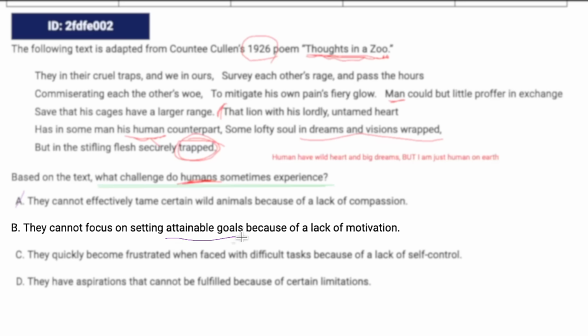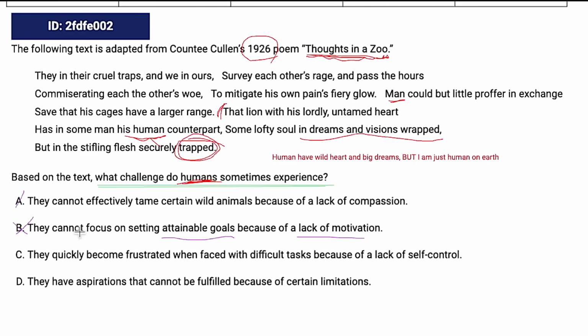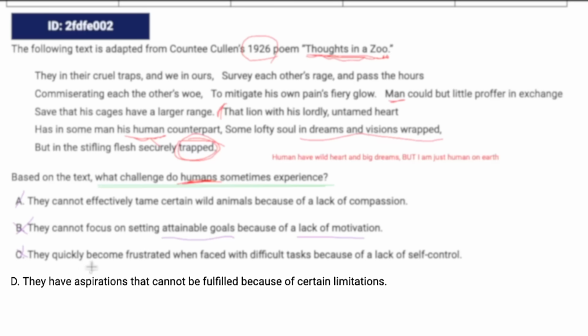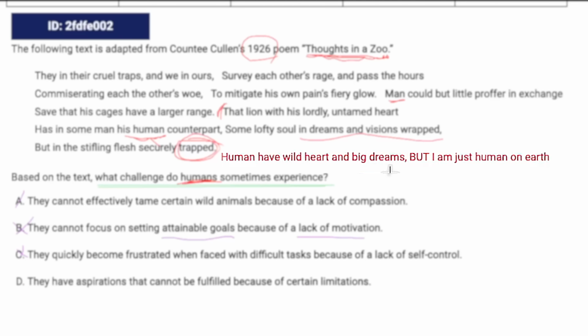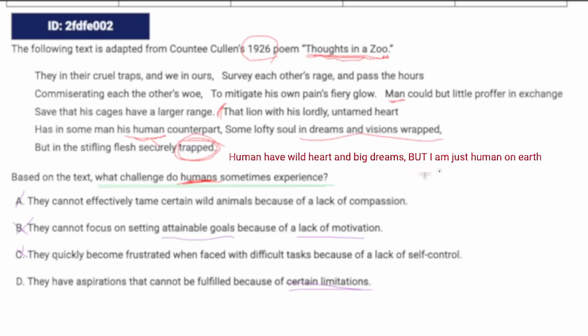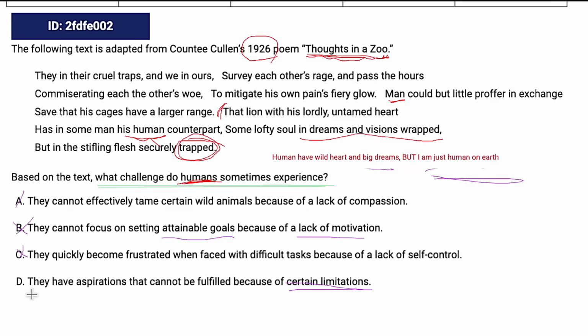Attainable goals, yes, maybe, but the lack of motivation, no, it doesn't mention motivation. They quickly become frustrated when faced with difficult tasks because of a lack of self-control? No. They have aspirations, big dreams, that cannot be fulfilled because of certain limitations, just human on earth. So, boom. Choice D is our answer.